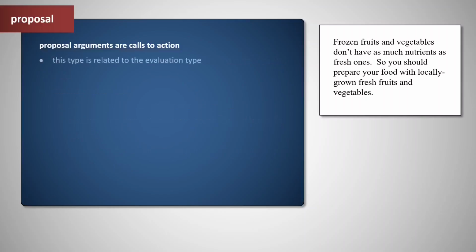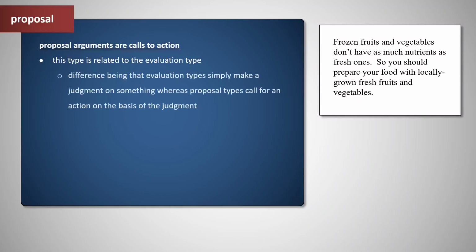Now, this type is related to the evaluation type. The difference is that evaluation types simply make a judgment on something. They'll say that something is good or bad, whereas the proposal types call for an action on the basis of that judgment.